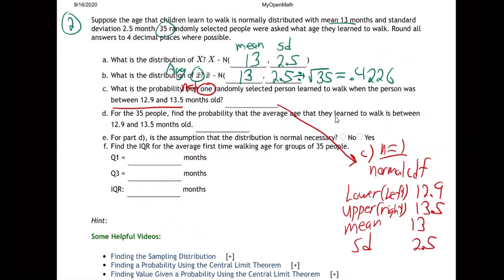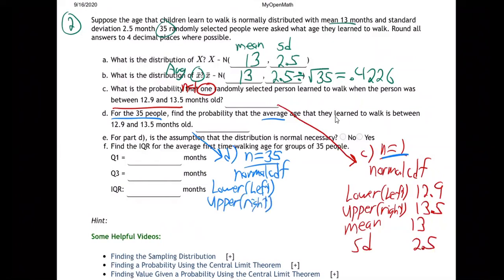And then for part D, it's almost exactly the same, but now we're talking about the average for 35 people. Part C was for 1, and otherwise it's the same thing. So normal CDF, lower or left, upper or right, mean, standard deviation.